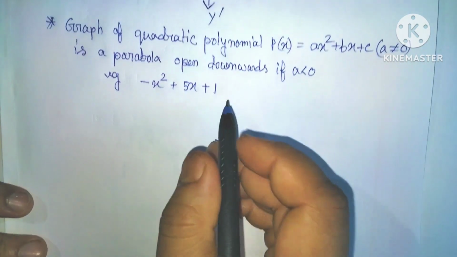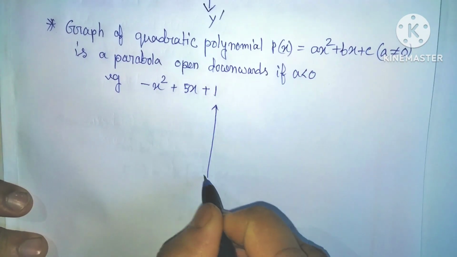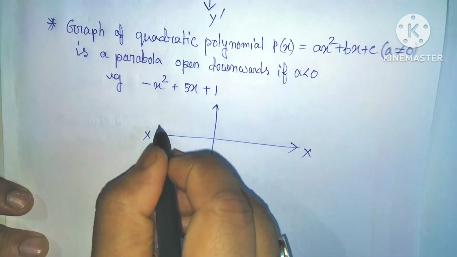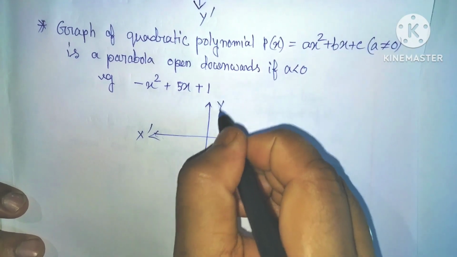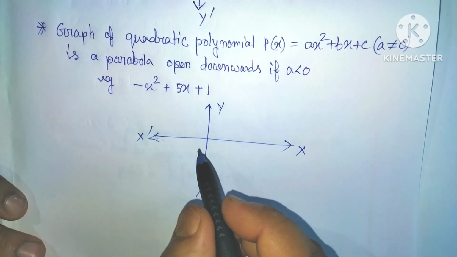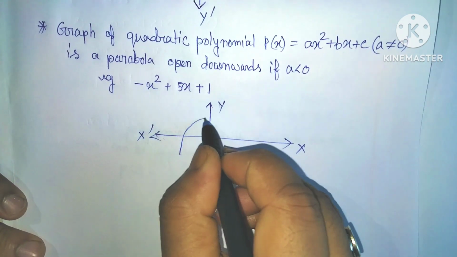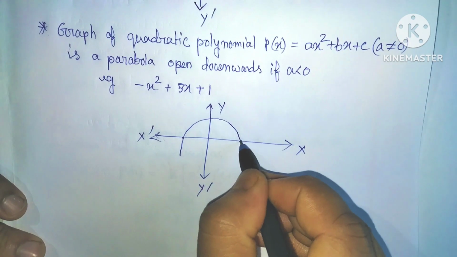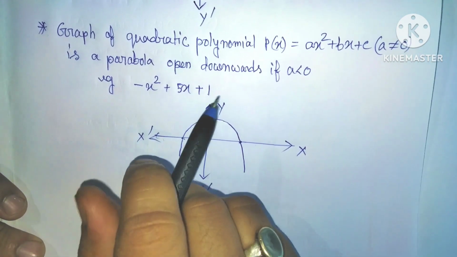Again the graph: x dash, y dash. So open downwards means this graph cuts the x-axis at 2 points.